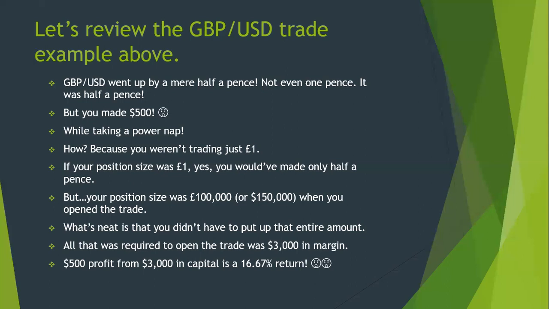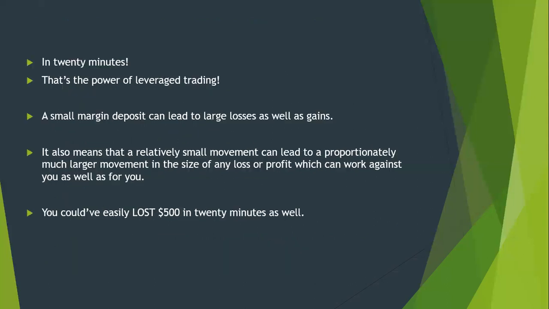All that was required to open a trade was 3,000 USD in margin, and you made a profit of 500 USD from 3,000 USD in capital, which is a return of 6.67%.